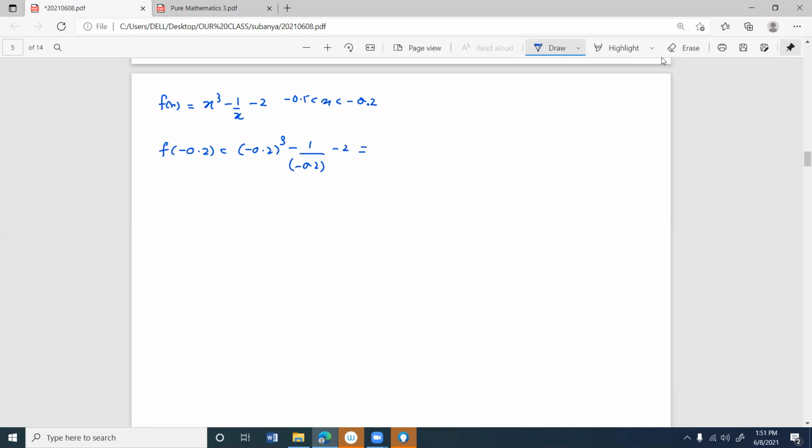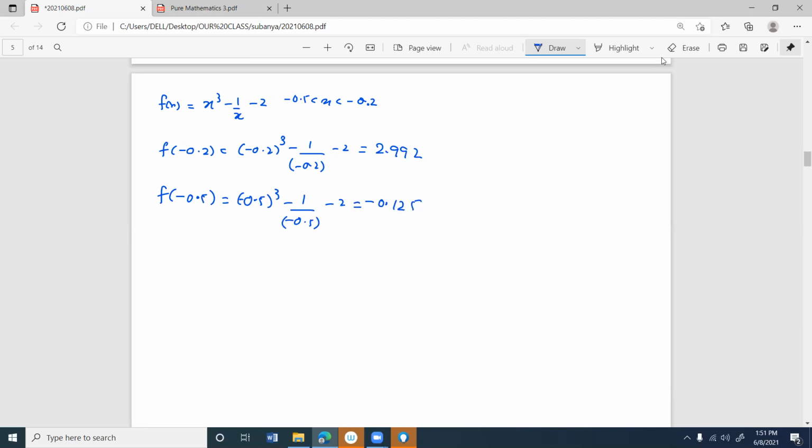That value is 2.992. Then if you put f of minus 0.5, that is minus 0.5 cubed minus 1 over minus 0.5 minus 2. You get the answer minus 1.25. Sorry, minus 0.125. So what you can say is, the sign changes.